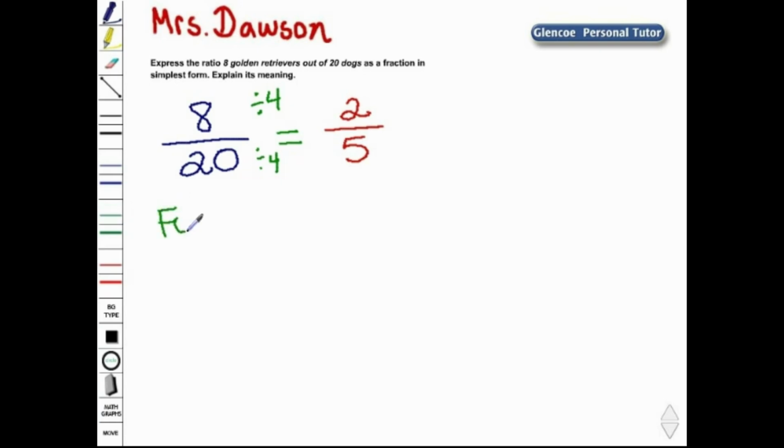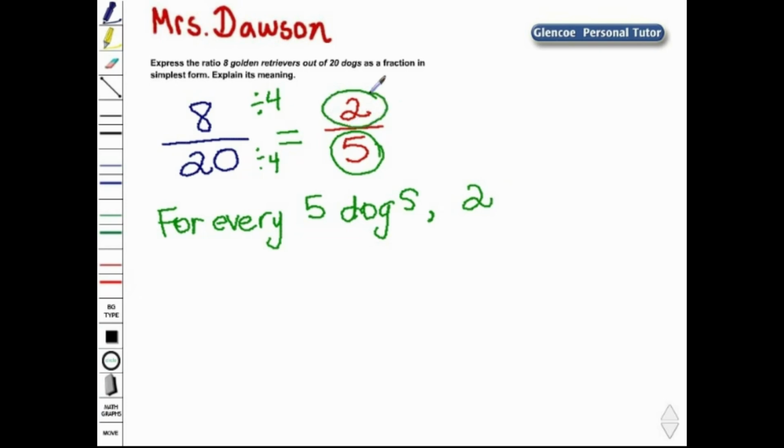For every 5 dogs, there's the 5, 2 of them, here's the 2, are golden retrievers.